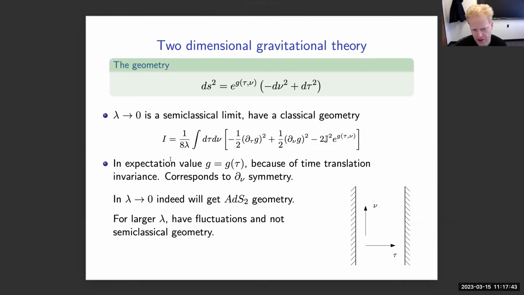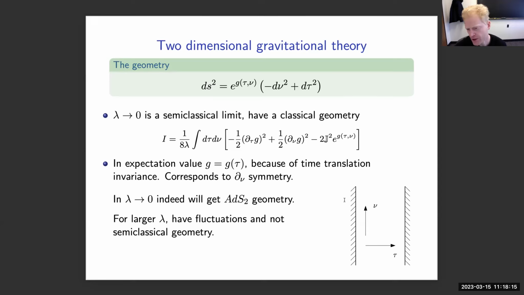Also, as I mentioned, G in expectation values is only a function of the time difference tau. So we have a symmetry of translations in nu, the time sum. If we think about tau as the horizontal direction, the space direction, sorry, of course the notation is maybe a bit confusing, but tau here is the space dimension, at least in this signature, and nu is the time direction.